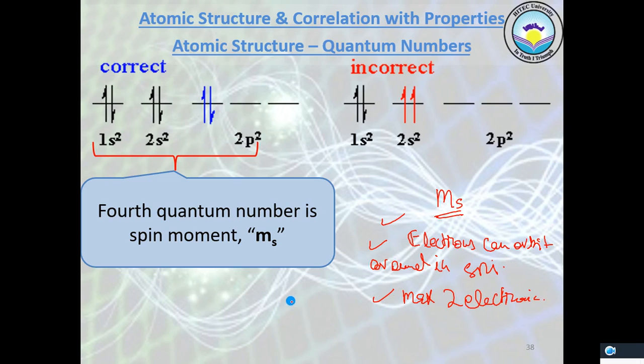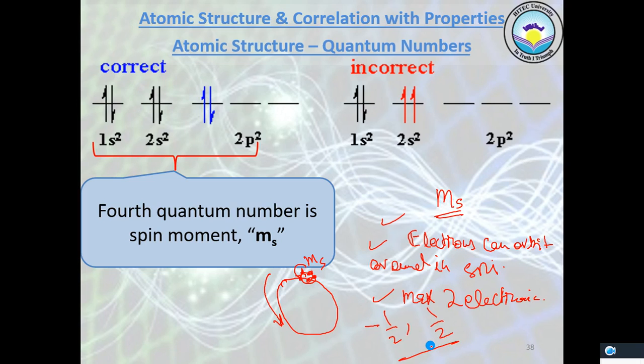Basically, if it is the s orbital, then the electron will revolve within the orbit, and it will also spin around its center as well. This is your ms, and a maximum of 2 electrons can be there in one orbit. So the probability of clockwise and anti-clockwise spinning will be half each.